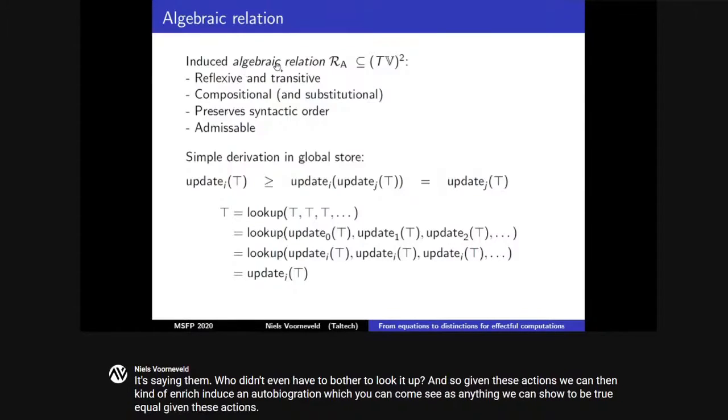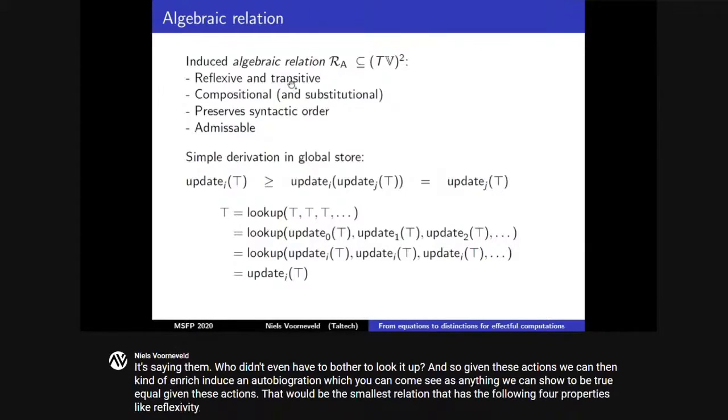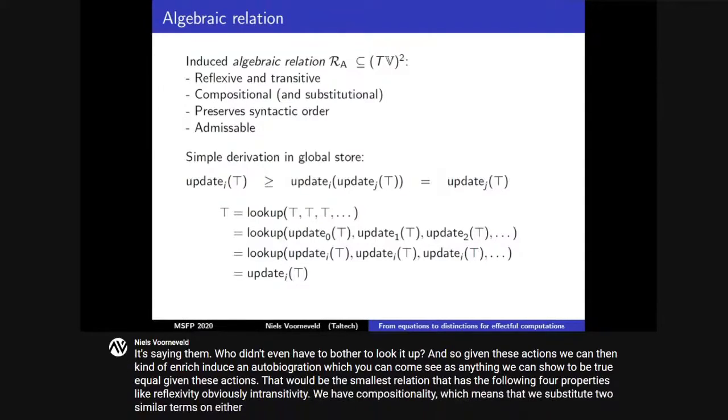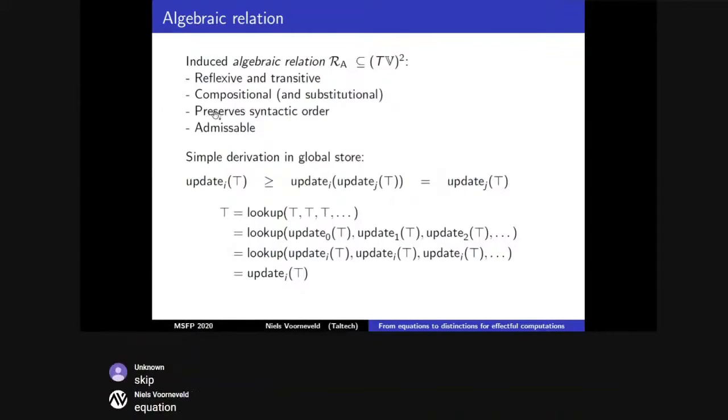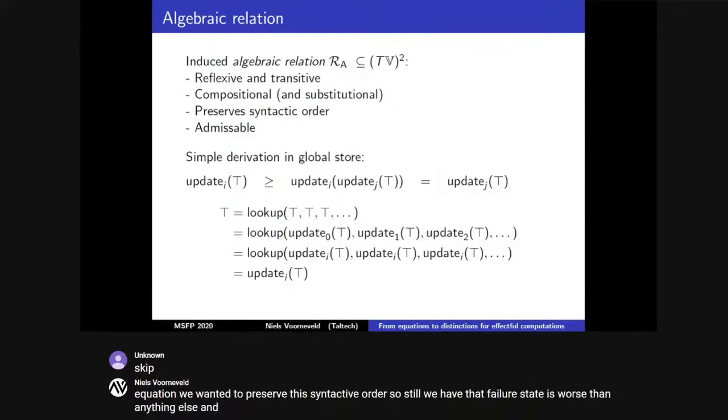That would be the smallest relation that has the following four properties: reflexivity, obviously, and transitivity. We have compositionality, which means that if we substitute two similar terms on either side of an equation, then we still have an equation. We want to preserve the syntactic order, so still we have that the failure state is worse than anything else, and the success state is better than anything else, and admissibility, which deals with the infinitary tree.